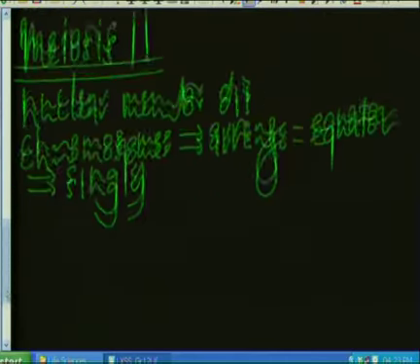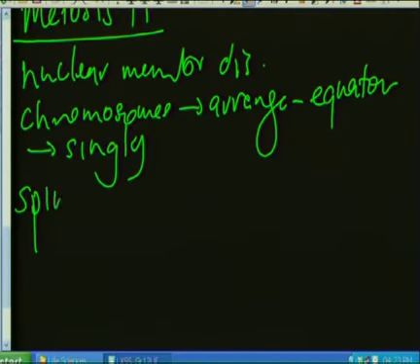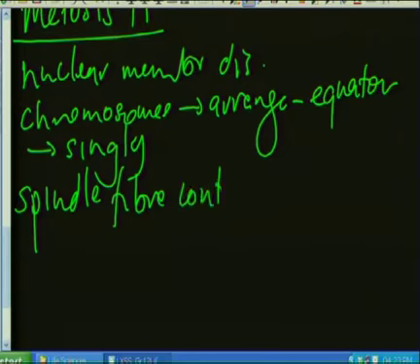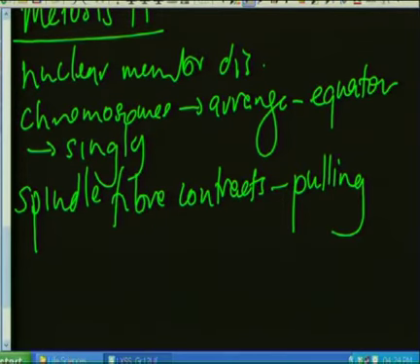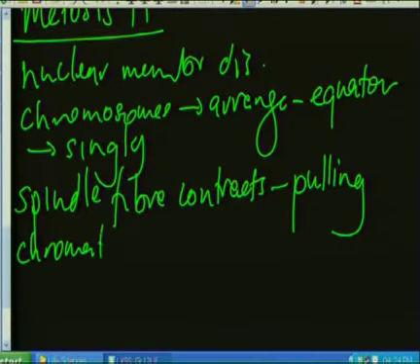And then again the spindle contracts, pulling. Now what does it pull? Because they're single, if one is going to pull one chromosome, that means only one is going to go one way. Pulling chromatids apart.